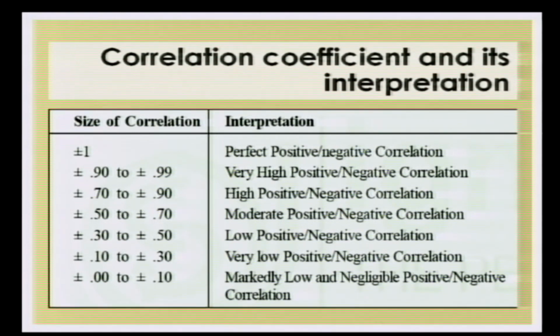If the value is between 0.30 to 0.50, it is low positive or low negative. If the value is between 0.10 to 0.30, the value is very low positive or very low negative. If the value is between 0.00 to 0.10, it is markedly low, or you can say negligible correlation. It can be positive, it can be negative.